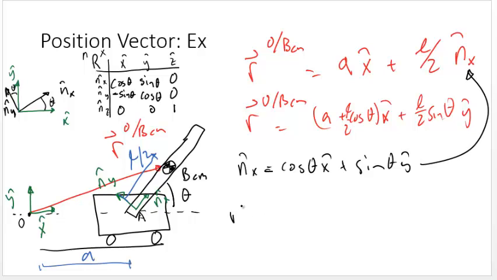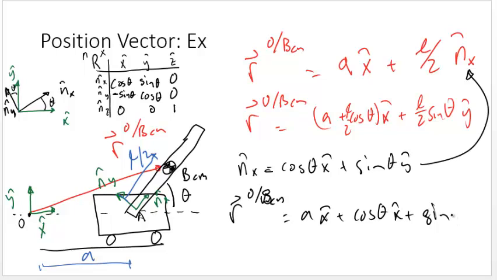Plugging in, we have the position vector from O to the center of mass is equal to a x hat plus L over 2 times cosine theta x hat plus sine theta y hat, which is equivalent to the position vector we had found before, describing it in only one basis.